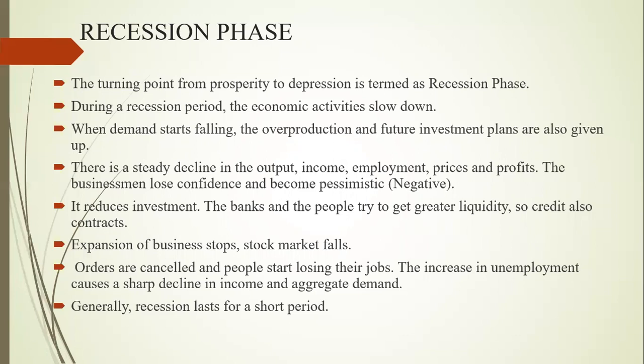So people will be eliminated from jobs. They will be unemployed. As a result of unemployment, their income will come down, and as a result, demand will also come down. The overproduction and future investment plans are also given up, and there will be a steady decline in output, income, employment, price, and profit.